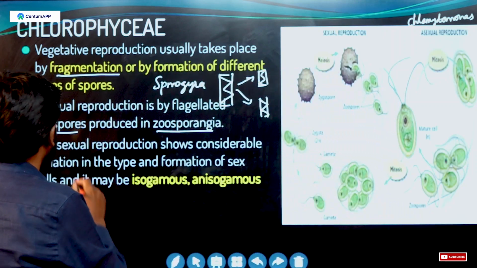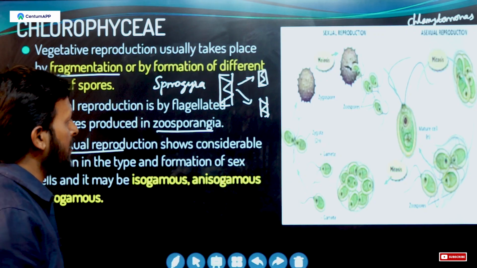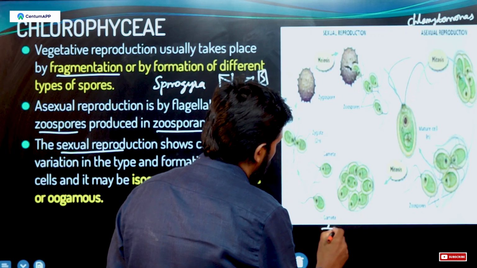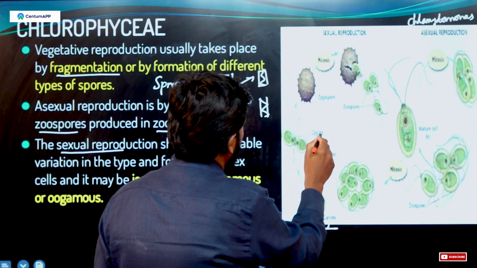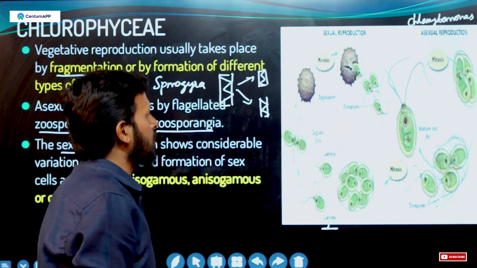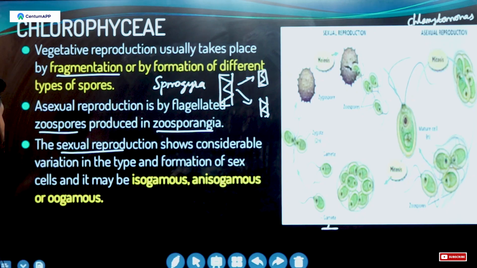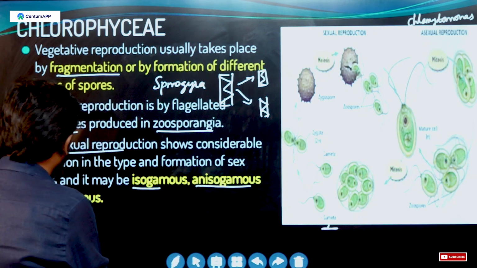In sexual reproduction, two gametes, plus and minus gametes, fuse together. The fusion forms a zygote, and the zygote develops into a zygospore, which gives rise to new gametes. That is sexual reproduction: isogamous, anisogamous and oogamous.